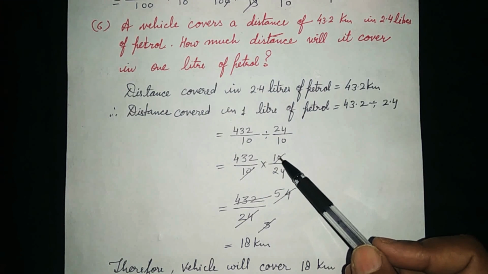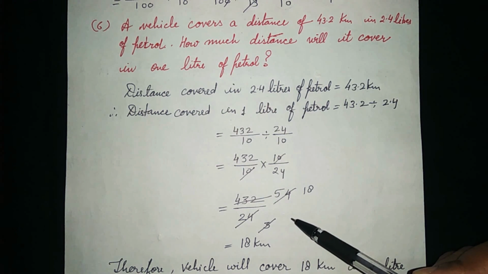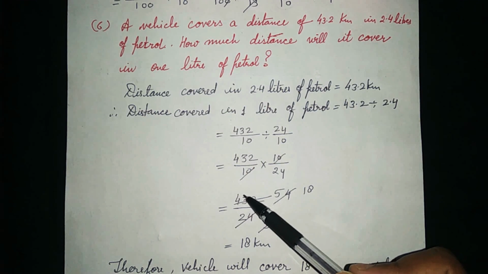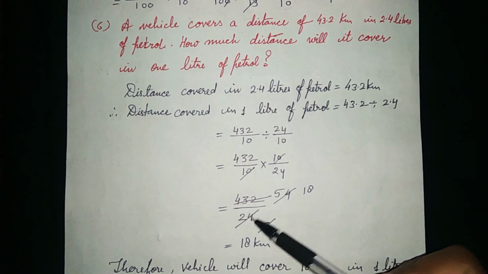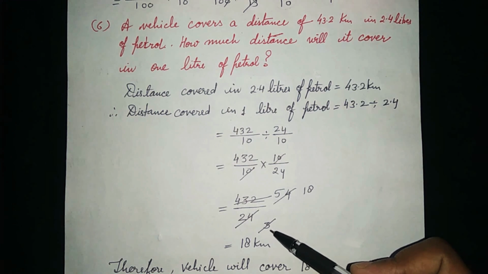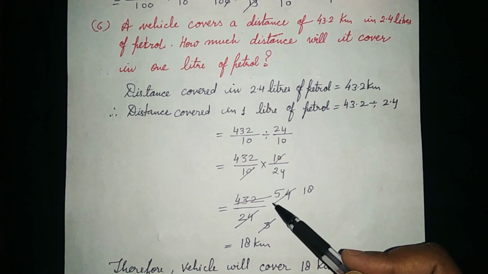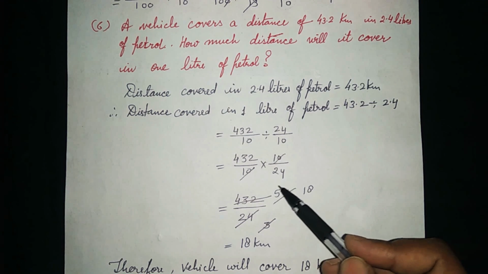Now 0 and 0 we will cancel here. Now we will reduce it. First, 432 upon 24 we will divide by the table of 8. 8 3s are 24, and 432 divided by 8, then what will come here?